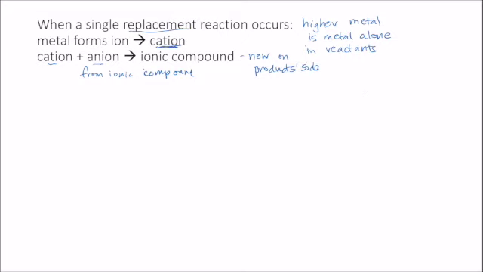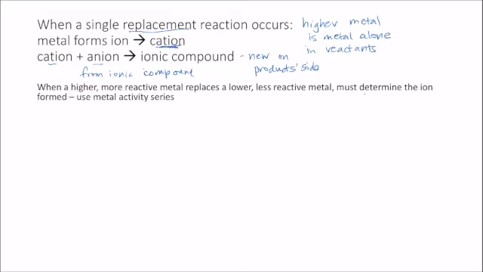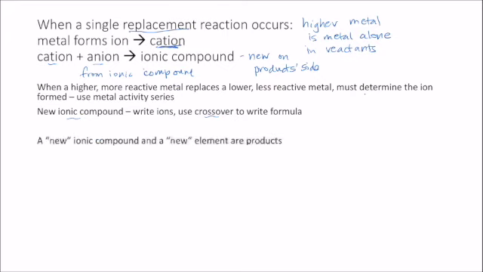So now the higher, more reactive metal replaces the lower, less reactive metal. Figure out the ion using the activity series. Write the new ionic compound. Use the crossover rule to write the chemical formula where the charge values become subscripts. And then you have a new ionic compound and you have a new element.